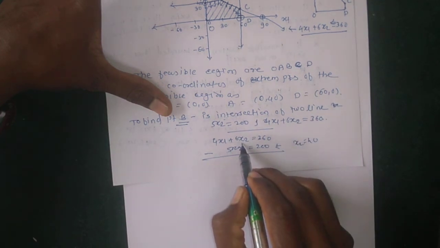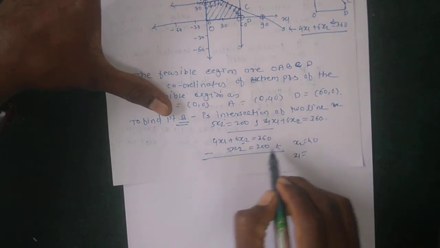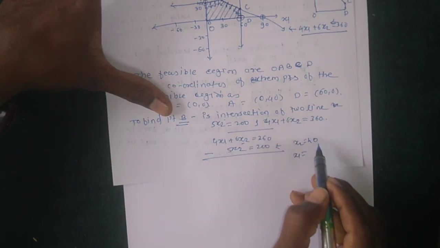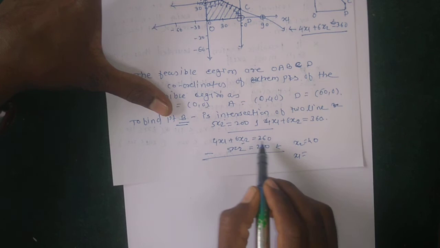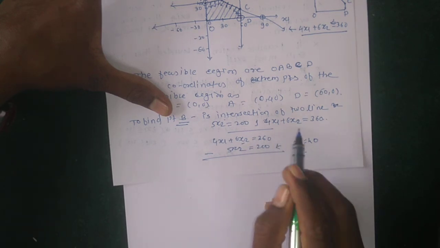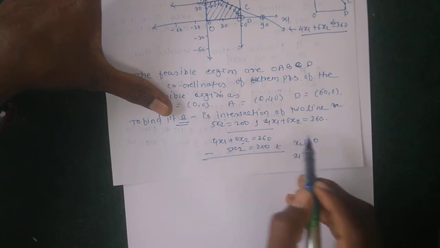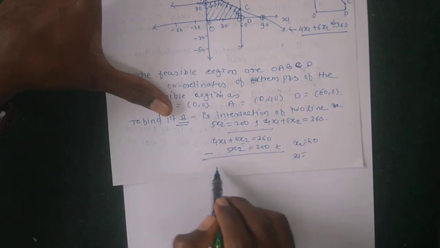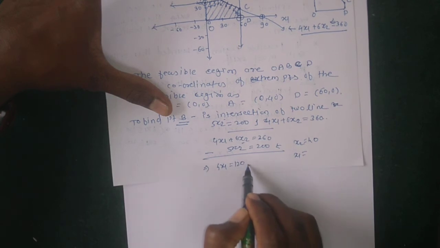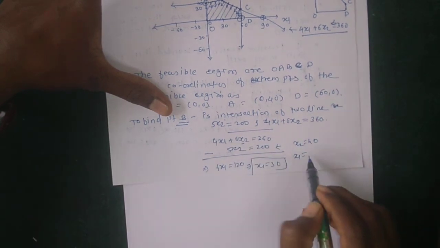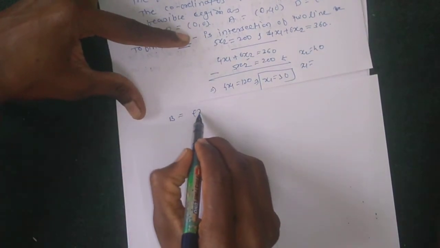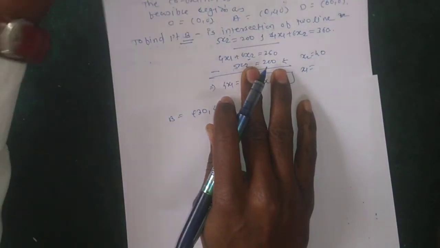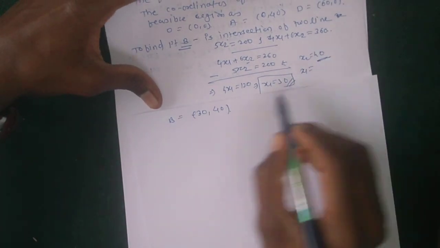Putting x2 is equal to 40 in the other equation, 6 into 40 is 240. 360 minus 240 is equal to 120, so 4x1 is equal to 120, which implies that x1 is equal to 30. Therefore point B is (30, 40), where x1 is equal to 30 and x2 is equal to 40.